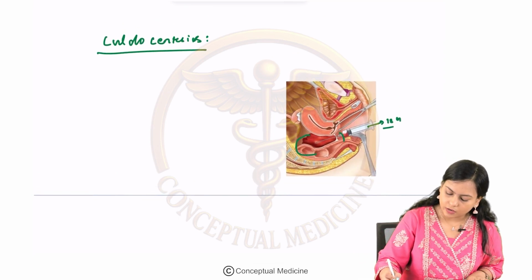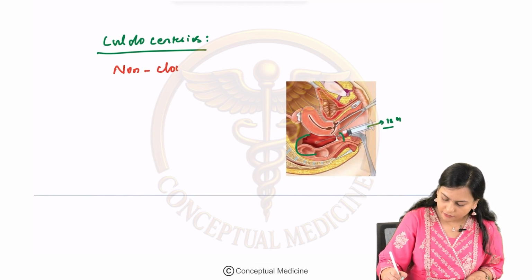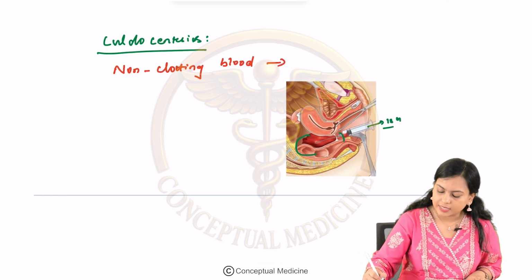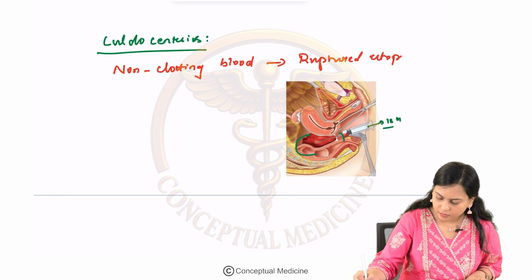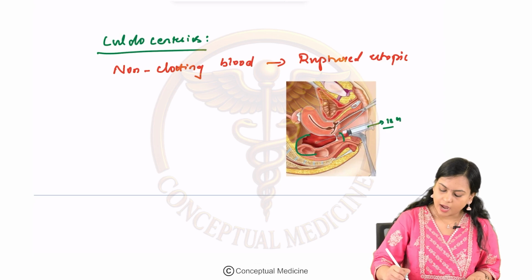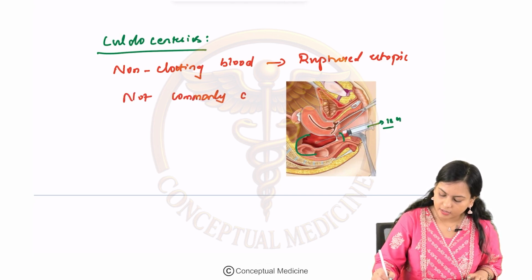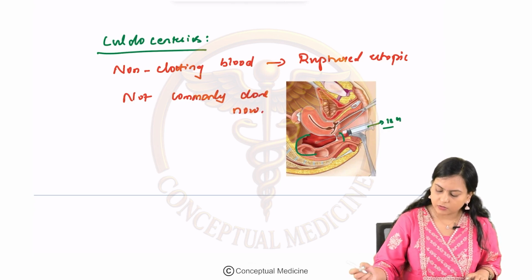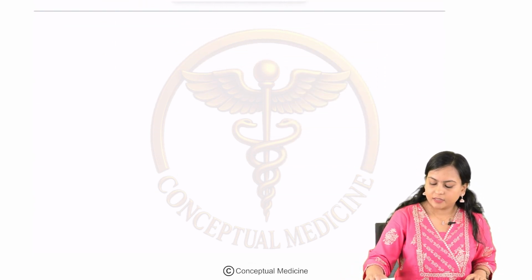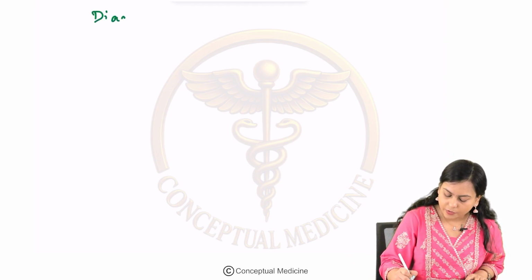They assume that if you get non-clotting blood, it has happened due to a ruptured ectopic. This was used previously when ultrasonogram was not available, and it is not commonly done now.